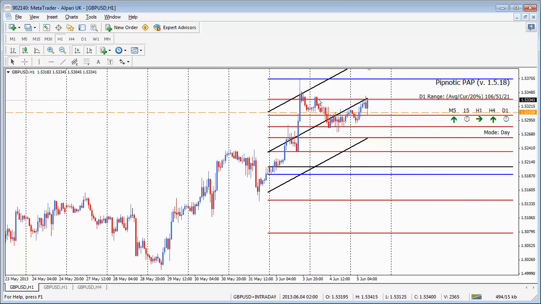So here, if we see any pullbacks up into the upper edge of this linear channel, then perhaps we could expect some kind of a pullback, or especially if price is imbalanced as it was when it moved from this level here all the way up to here. So we can expect this leg here to be refilled in order to rebalance price before price continues up.